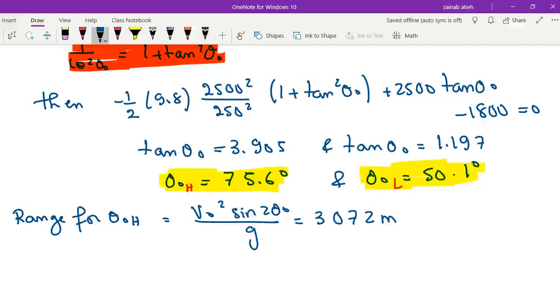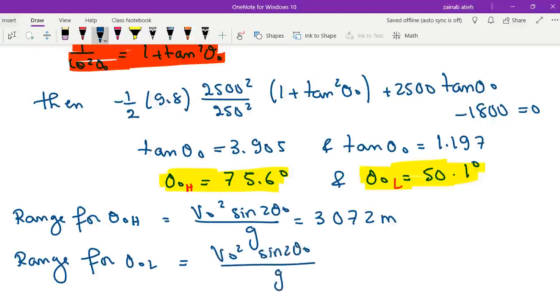Let's now find the range for theta 0 low. It's v0 squared sine 2 theta 0 over g. Of course, here I substitute theta 0, the smaller one that I found above, which is 50.